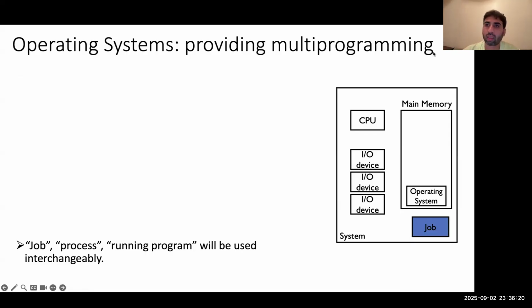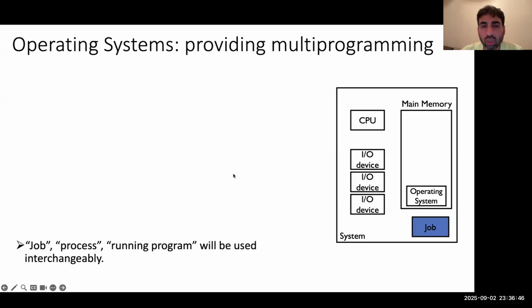Okay. So we talked about what happens if a single process is running on your machine which has an operating system, and how the operating system reacts to the events generated by the process.